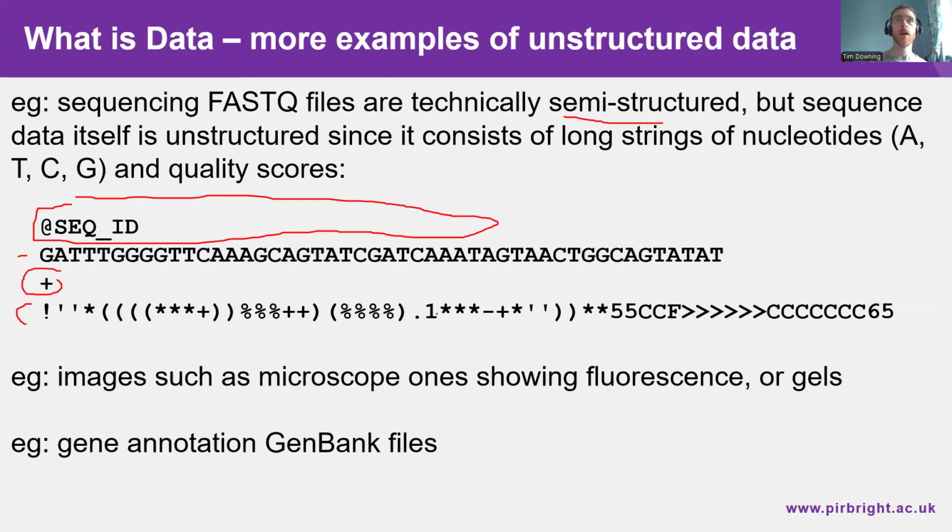So you can see here that when we go to other lines that have the same overall structure, the information level that's present will vary a lot. So you see other examples are images such as microscopy files, gel images, and so on. So that concludes this part on key concepts in data management.